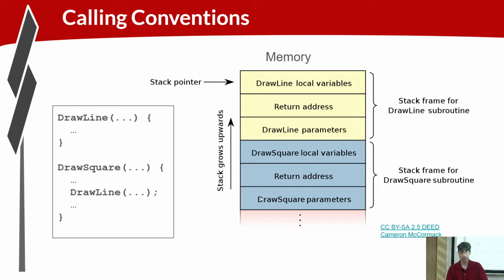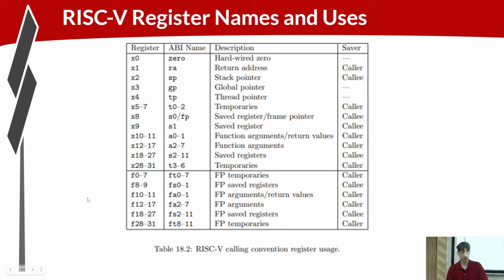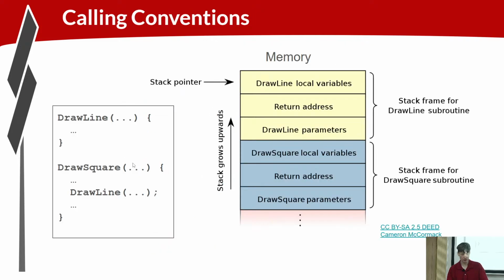And it includes the parameters of draw square. Then draw square calls draw line. We establish a new stack frame for draw line, which has its own parameters passed from draw square, its own return address, which would return to the draw square function at the point of the call, and its own local variables. Okay.